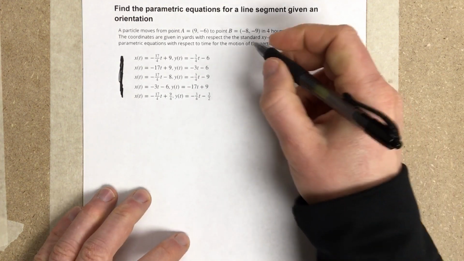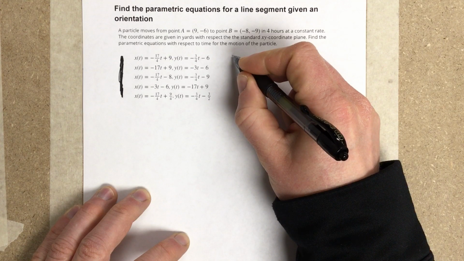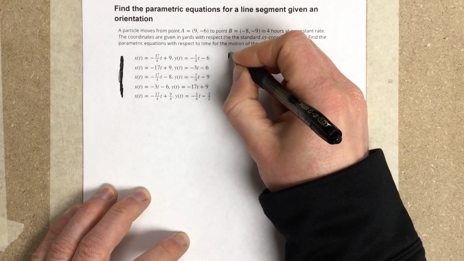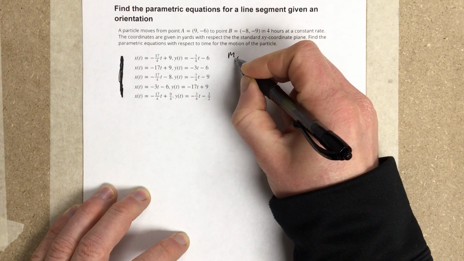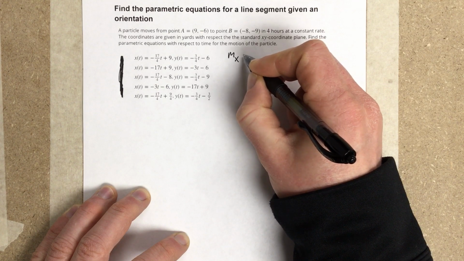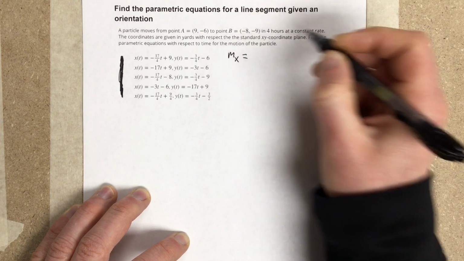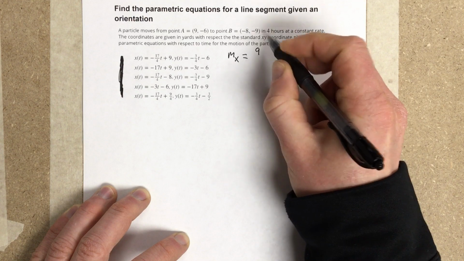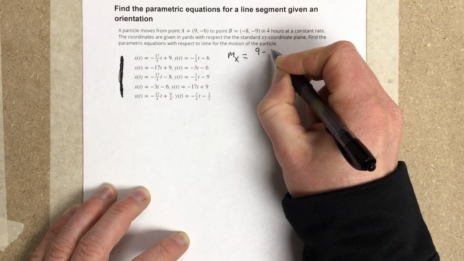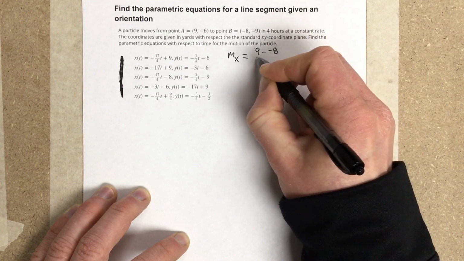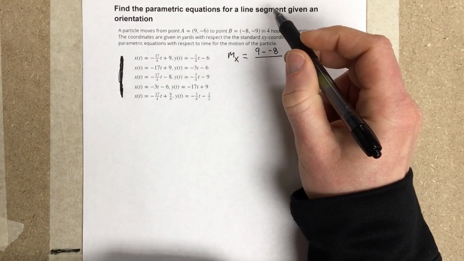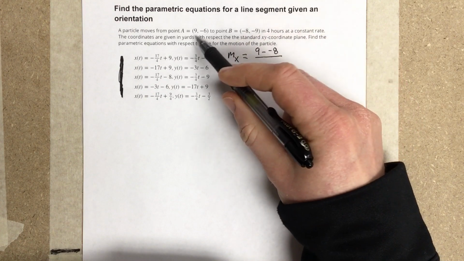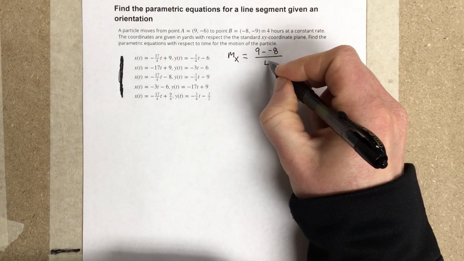So if we say the slope, I'm going to write this weird, this is the slope from A to B, and we're actually going to say the slope of the x variable from A to B is equal to, this would be 9 minus -8 over 4 hours.